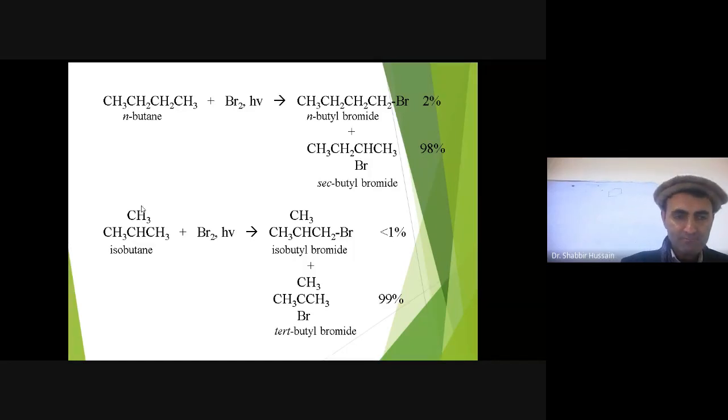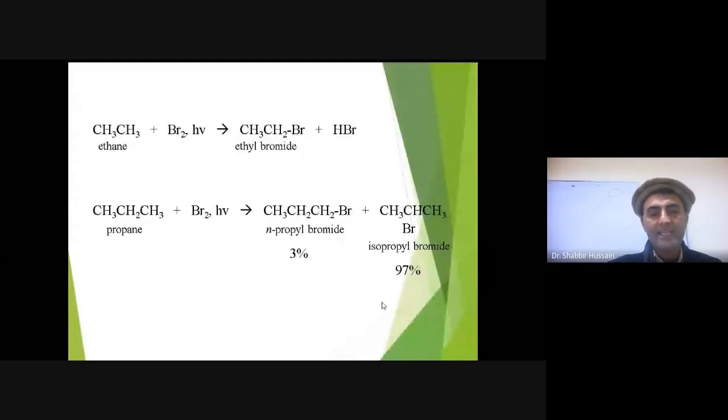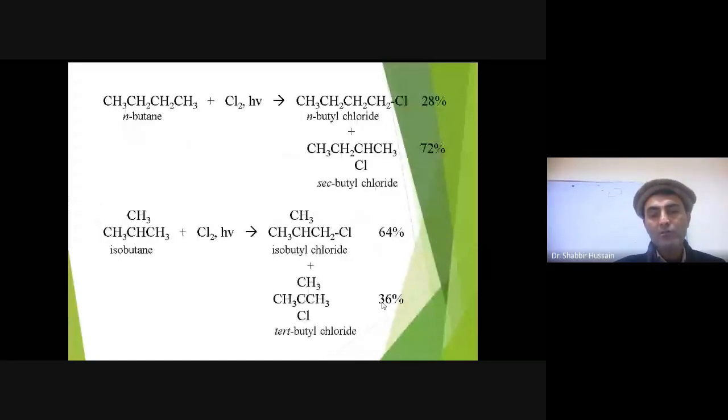In case of isobutane, you see isobutyl bromide, the minor product, we are getting extremely less than 1%, while tertiary butyl bromide we are getting 99% product, while in case of chlorination this was very less reactive. There we were getting 36%, because its reactivity is high but selectivity is low.